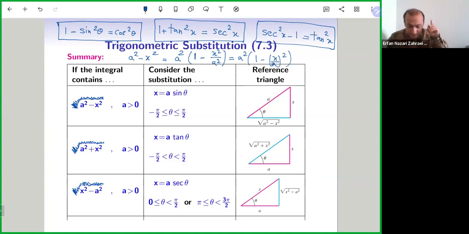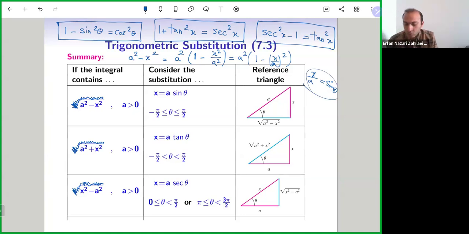Look at this: 1 minus sine squared should be 1 minus x over a squared. So this suggests that the change of variable I should do is x over a equals sine theta, to convert this into this.